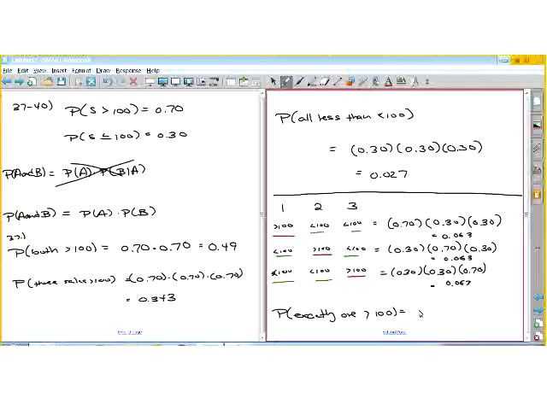So the probability of exactly 1 greater than $100 is just the sum of these three. So you have 0.063 times 3 because there's 3 of them, and you get 0.189. So the answer is that.